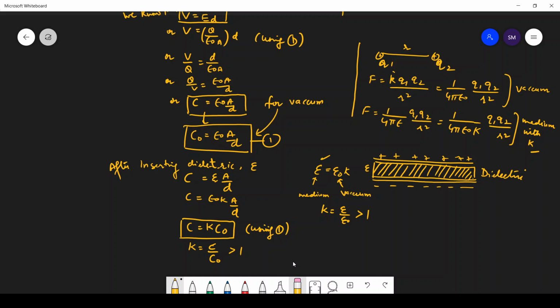And you can derive this K, we have written as C upon C naught.